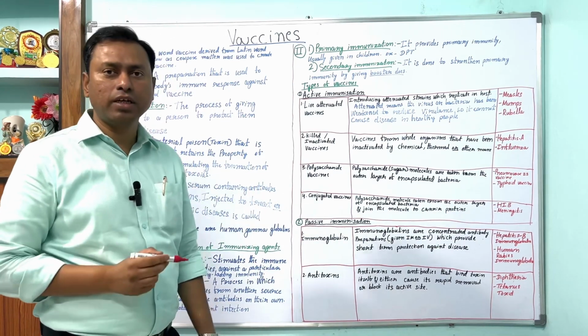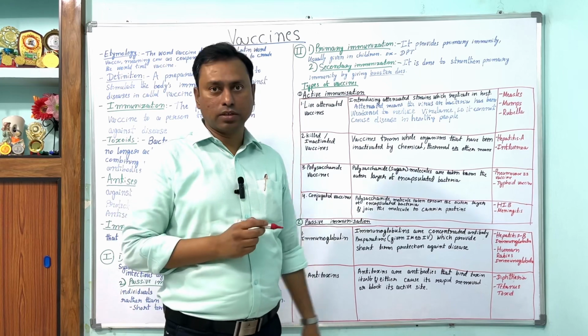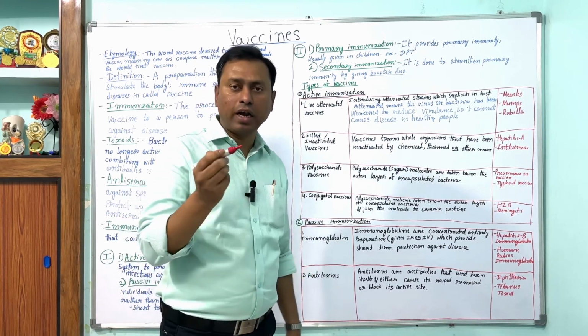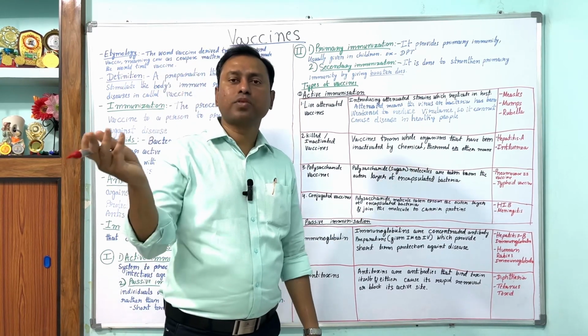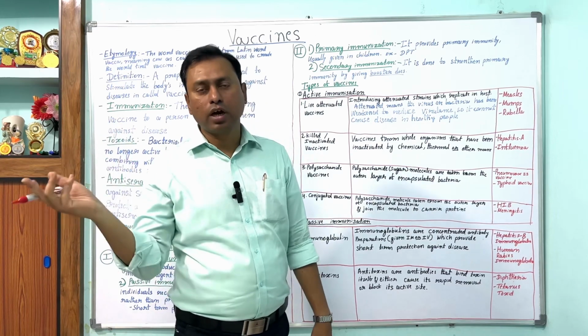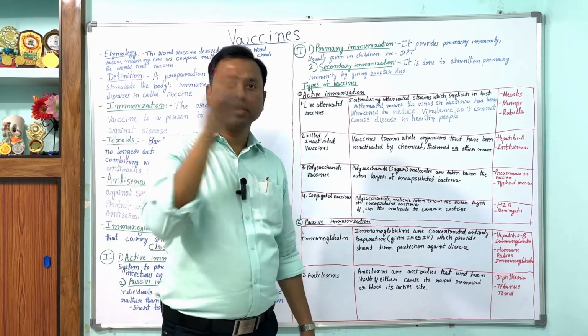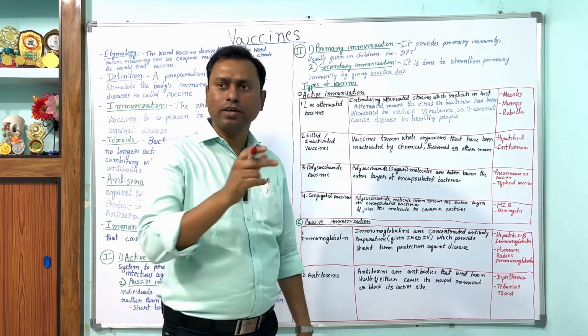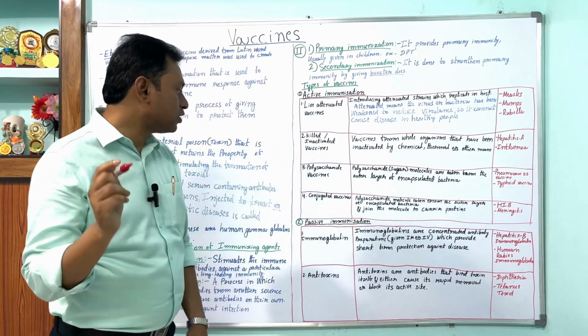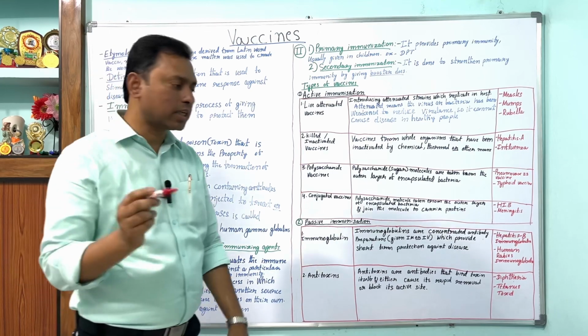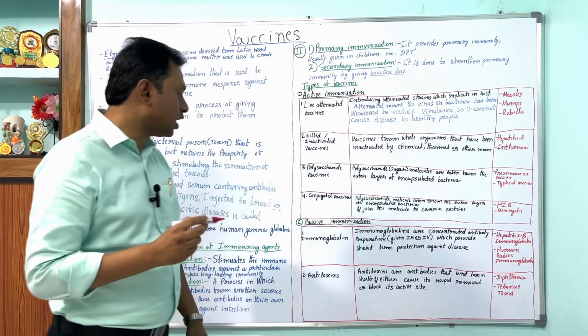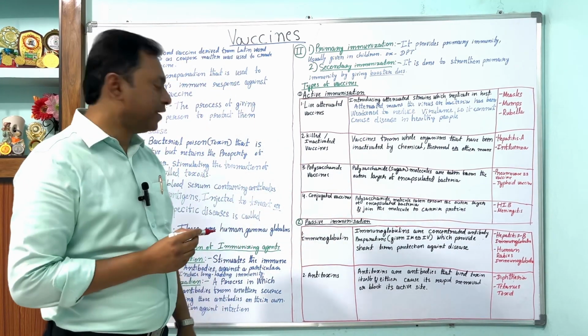Now we will study passive immunization. As I already said, the antibodies are produced in other animals or other persons and are transferred to the diseased person. Passive immunization is again classified into two types: immunoglobulins and antitoxins.